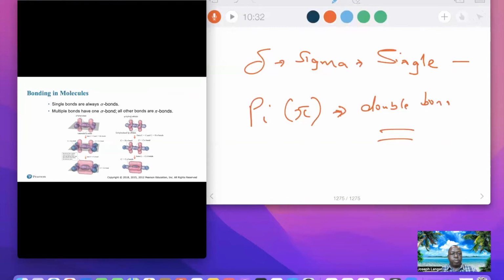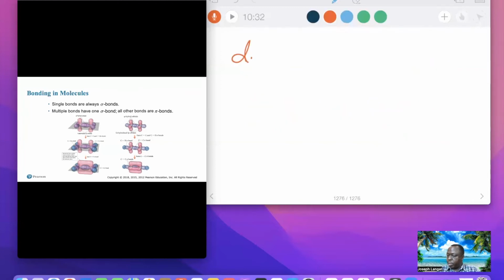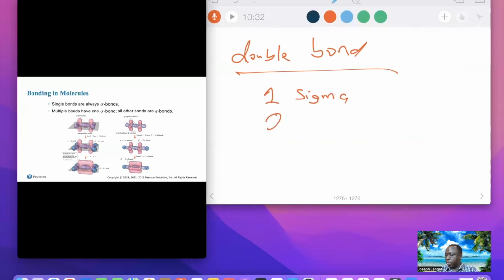Depending on the type of bond you have, a double bond has 1 sigma and 1 pi bond. This would constitute a double bond.